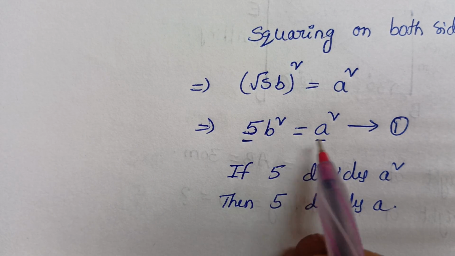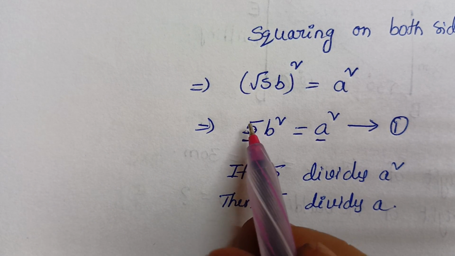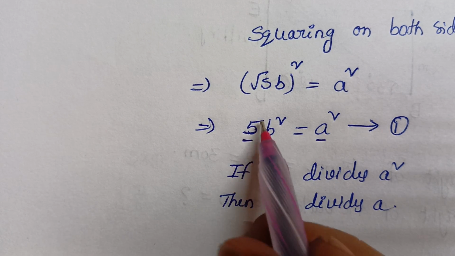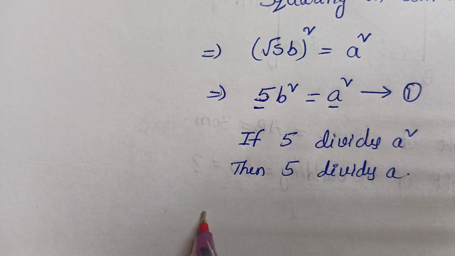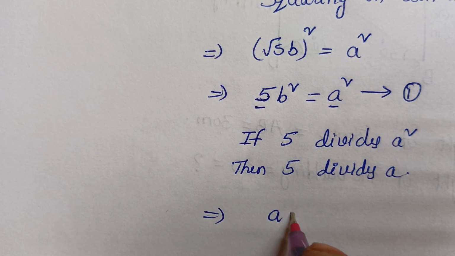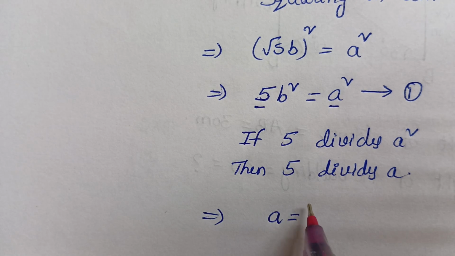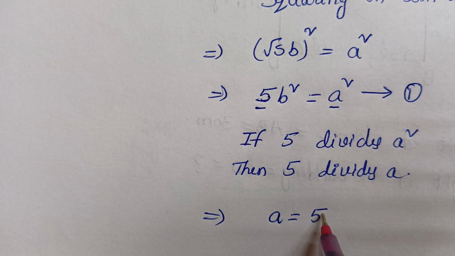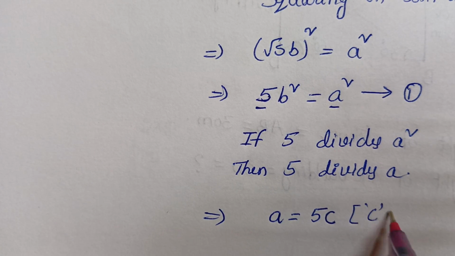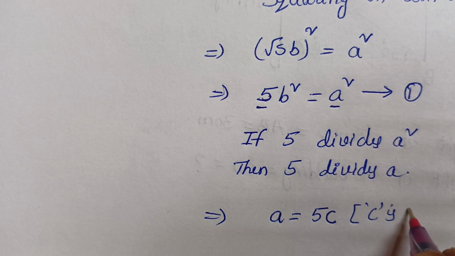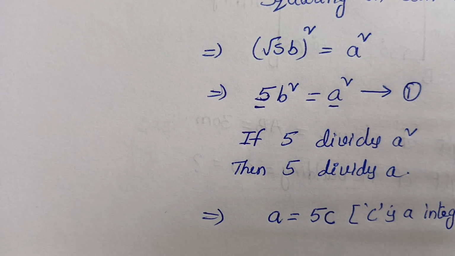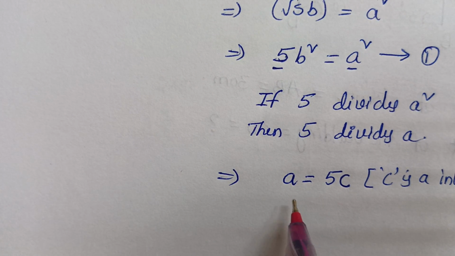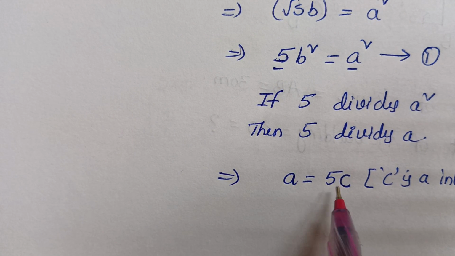So a is some multiple of 5, from equation 1. Introducing c, another integer, a equal to 5c.